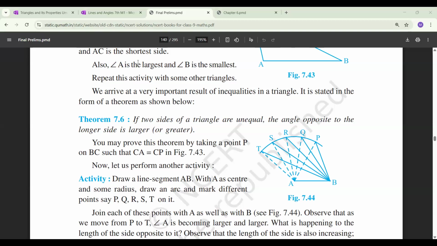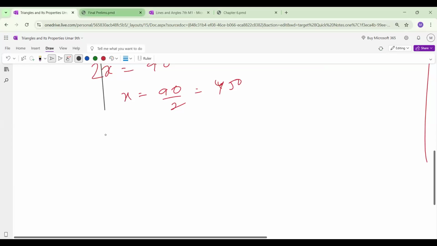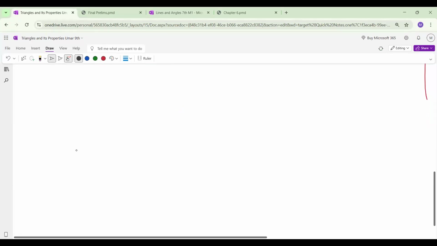I have a triangle, guys. I have a triangle ABC.